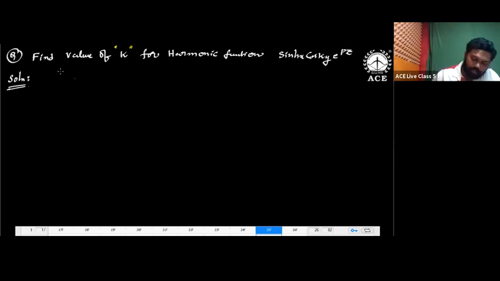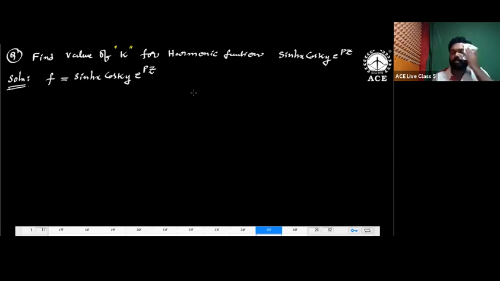Let us consider that as a scalar field f: sin hyperbolic x cos ky into e to the power of pz. So what is the harmonic function?